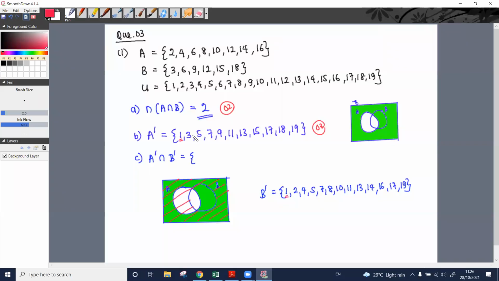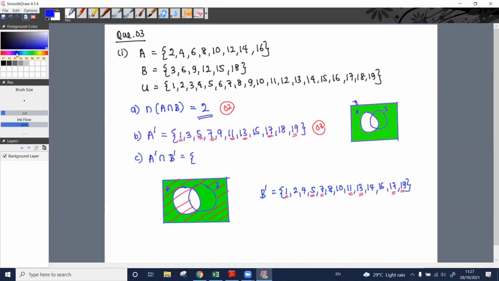What else? 5 is common. 7 is common. Right? 11 is common. 13 is common. 18, no. 14 is not there, 16. Yes, 17 is common. And 19 is also common.